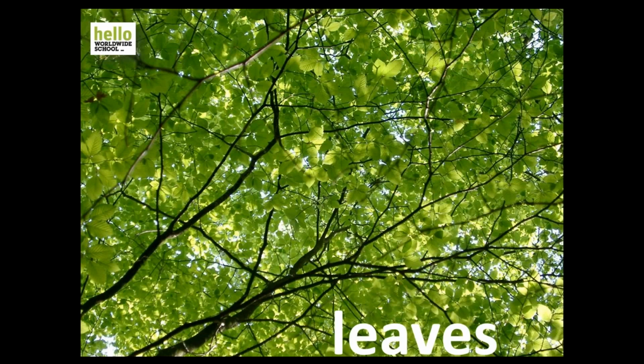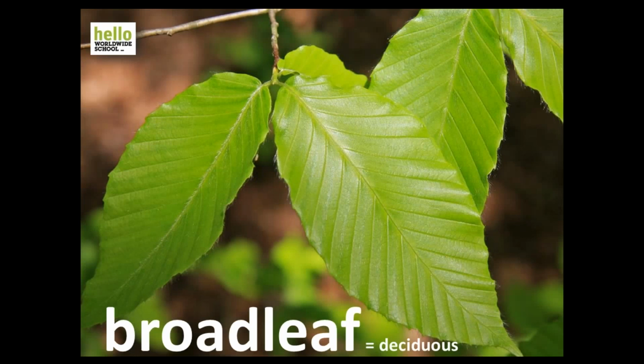Well, this is very obvious, but do you know that some of the trees have needles and other trees have broadleaves? That's the biological name for this kind of leaf. And actually we have broadleaf forests and deciduous forests, the ones with trees which have that type of leaf.